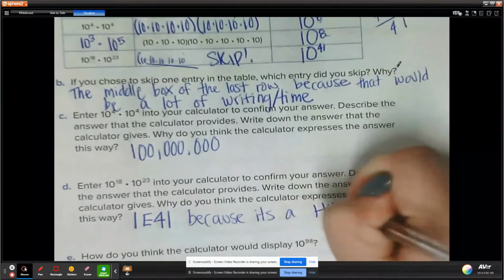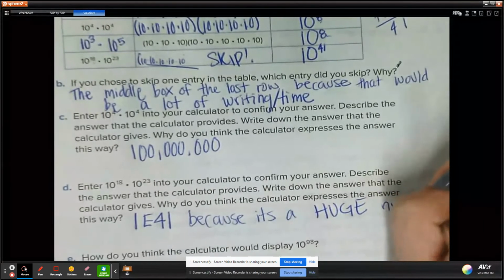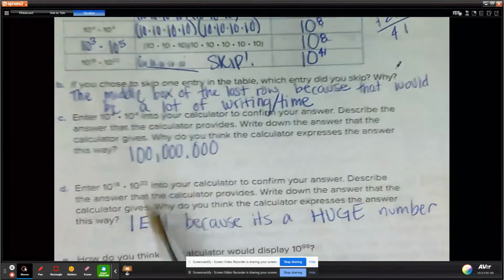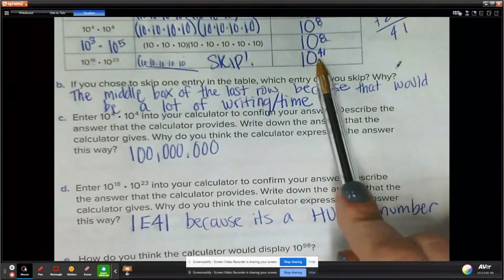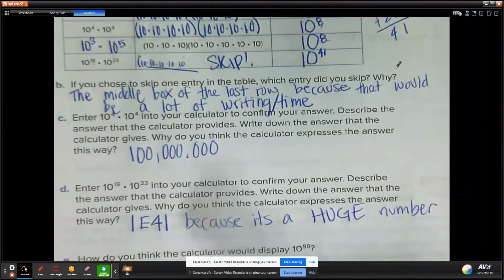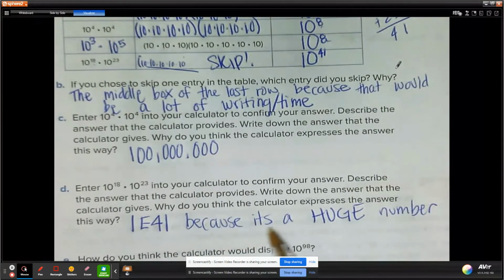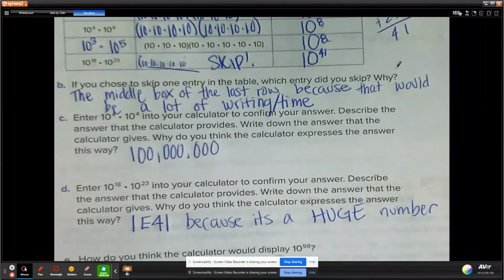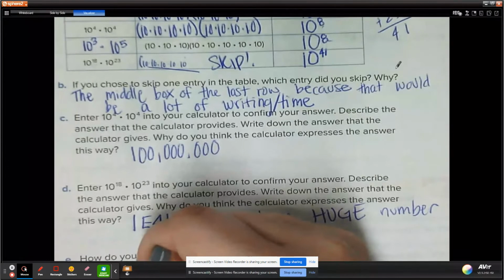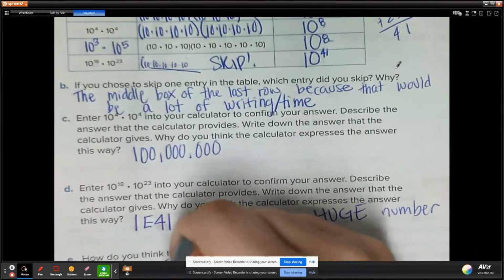So it is a little bit different if you're on your phone or a calculator. If we notice, this was the same problem as before, and we were right with our exponent, because this is saying to the power of 41. So 10 to the 41. So how do you think it would display 10 to the 98? I think it would be the same. 1E98.